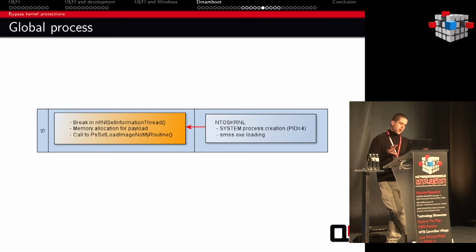So now we have deactivated some kernel protection, NX and PatchGuard. We just need to find a way to execute code while the userland environment is deployed. So I just found a little trick. My idea is to put a hook on the NtSetInformationThread API.